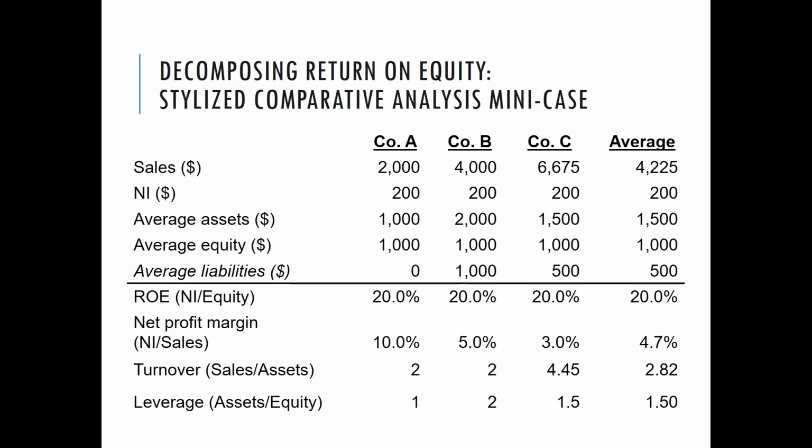But again, the idea here is that we're just trying to decompose the profitability to see what drives it. Because if we see what drives it, we can then try to understand whether we can improve it over time. If I do see that a company has very little leverage, so assets divided by equity is 1, it means that they have 0 debt. So it effectively means that they're not borrowing any money from the banks.